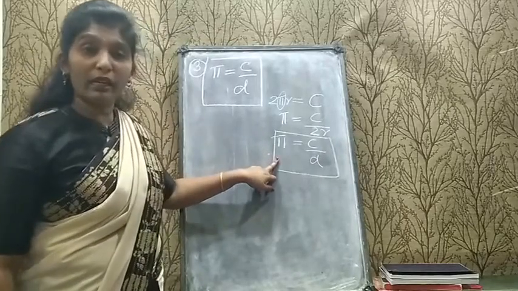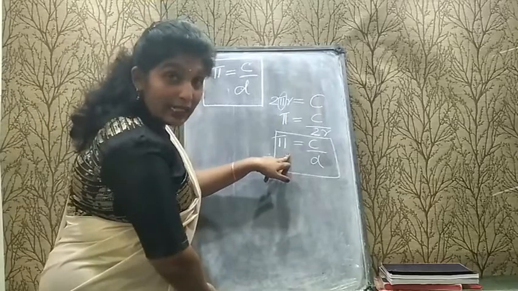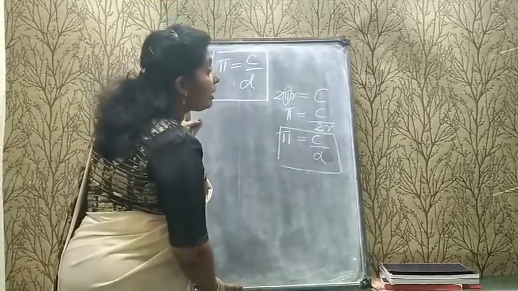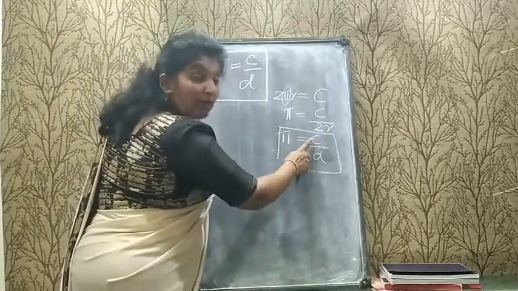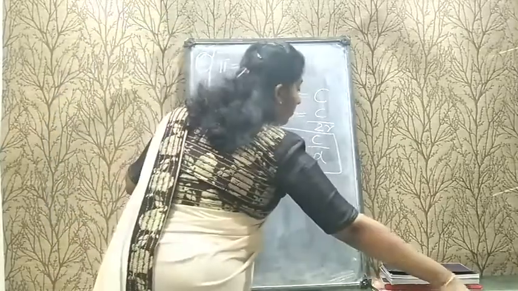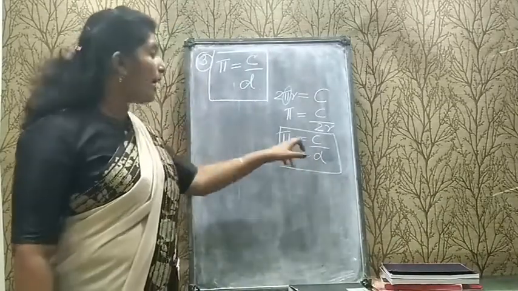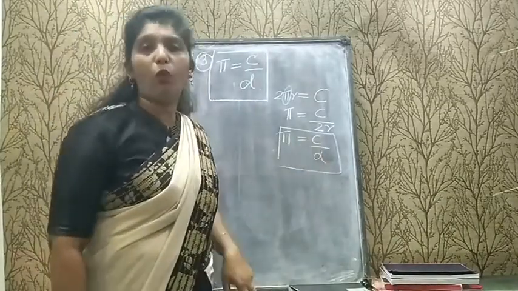Now you understood what they are given. They are given that pi is the ratio between the circumference and the diameter. It means that pi I have written as C by D, which is like a P by Q form.